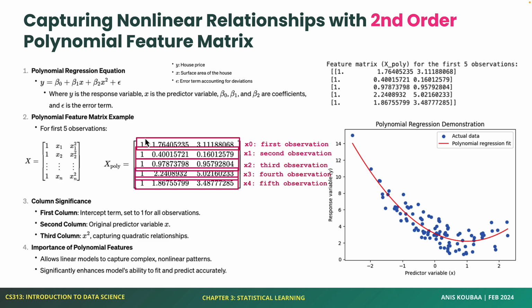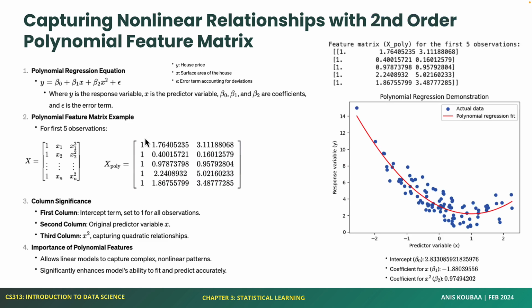Now if we look from the degree perspective or from the feature perspective, these are all the observations for feature beta 0, these are all the observations for the same feature beta 1, and this is all the observations for the feature beta 2.